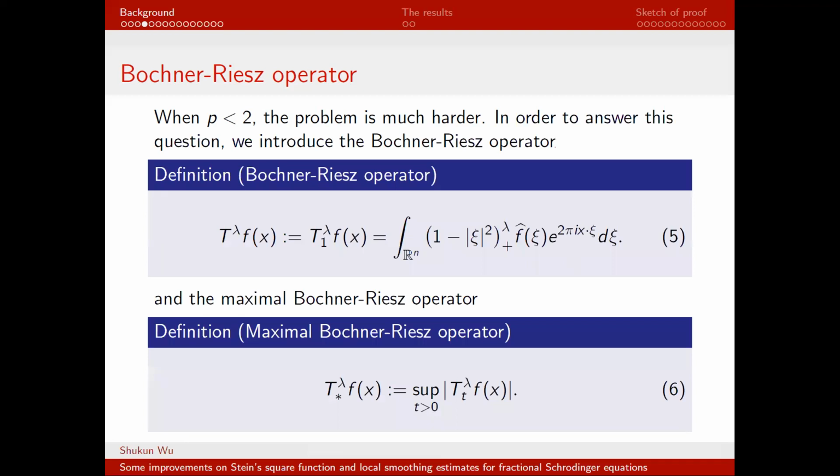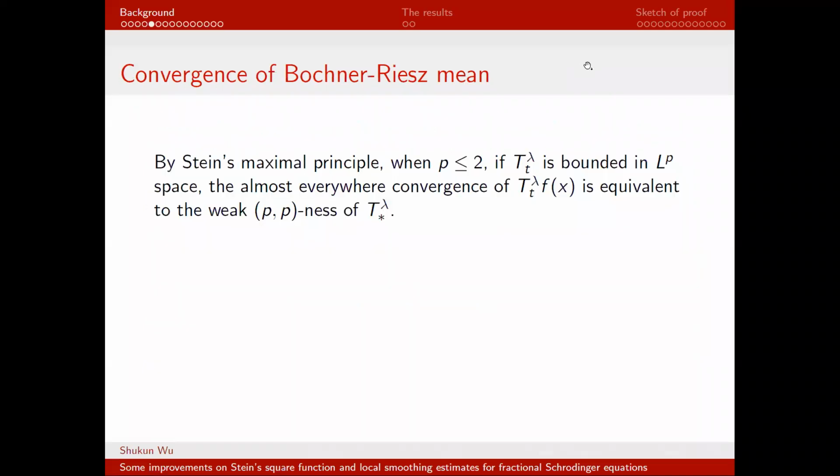We can also define the associated maximal operator, which is taken to be the supremum of all the partial sums. By Stein's maximal principle, when P is less than 2, if all these operators T lambda T are bounded in LP space, then these two statements are equivalent.